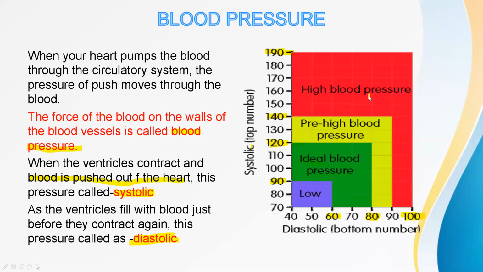Normally in our body, the blood vessels, meaning arteries and veins, have some nerves. These nerves always control the blood pressure.